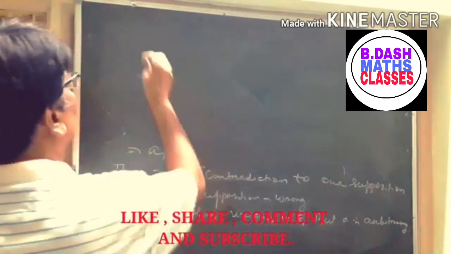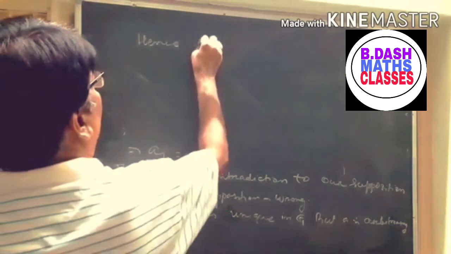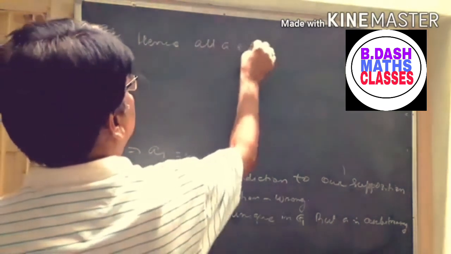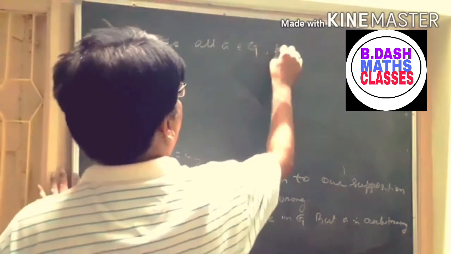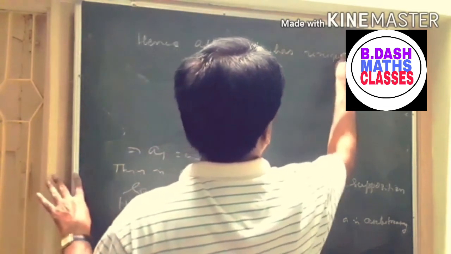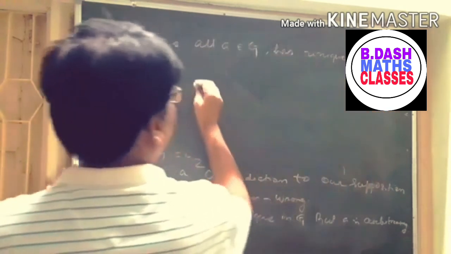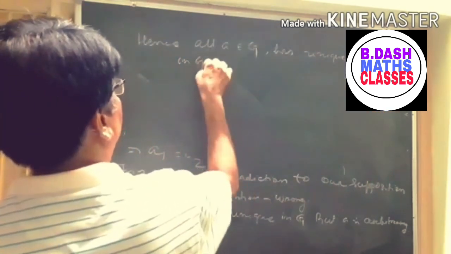Hence, all A belongs to G has a unique inverse in G.